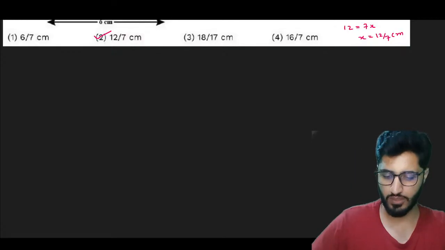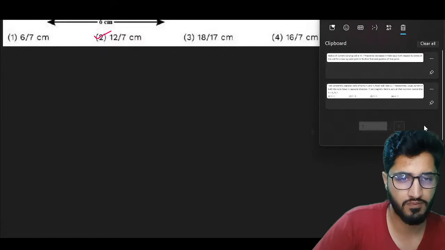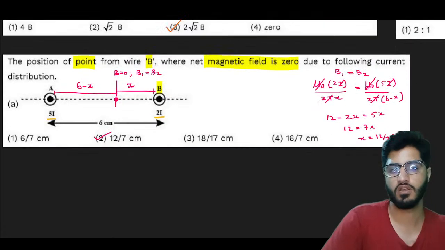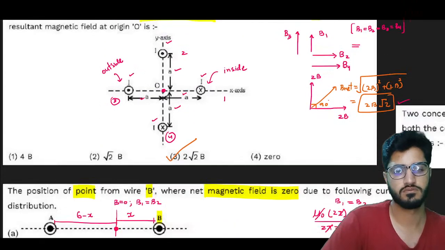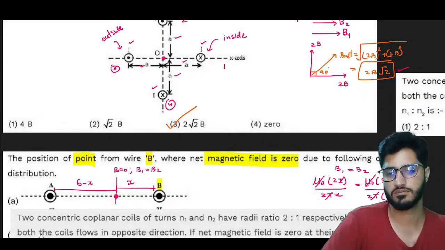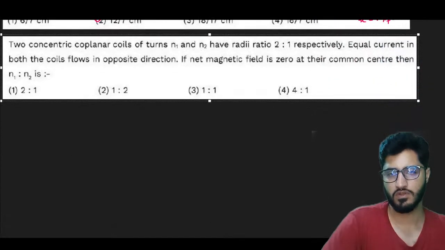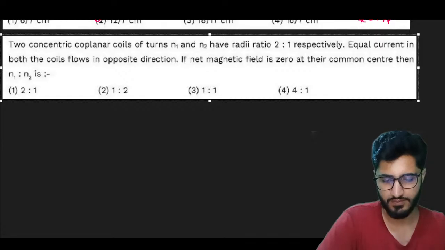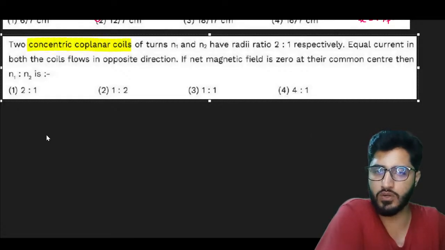Okay, now one more numerical, then we shift to the NEET concept. This one is done. This one now. This numerical is about two concentric coplanar coils of turns N1 and N2.